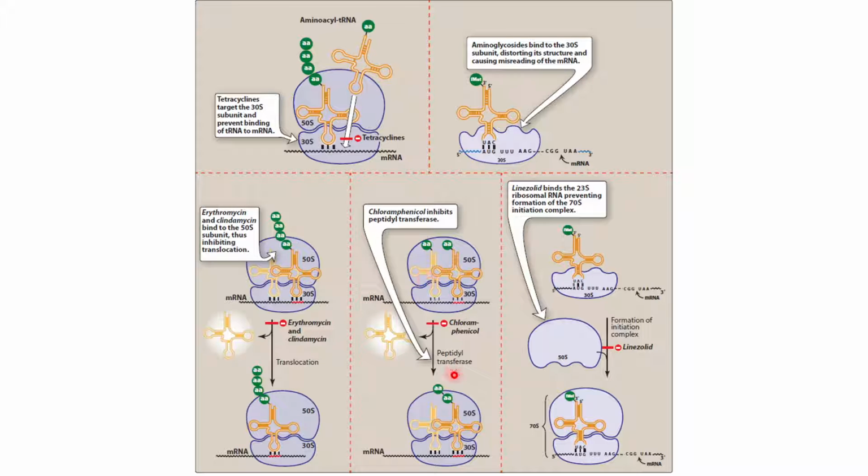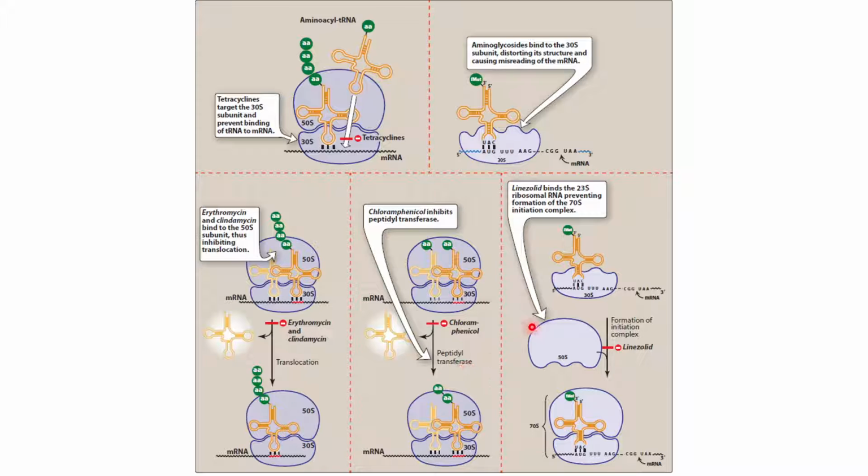Chloramphenicol inhibits peptidyl transferase, which transfers the amino acids brought by the transfer RNA, and that stops the production of the protein as well.